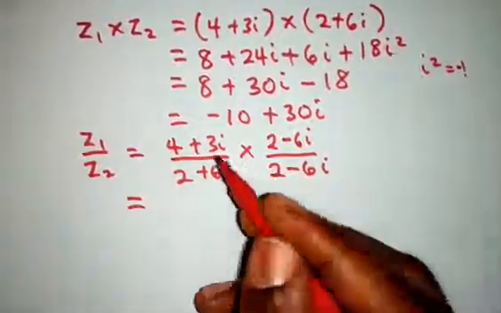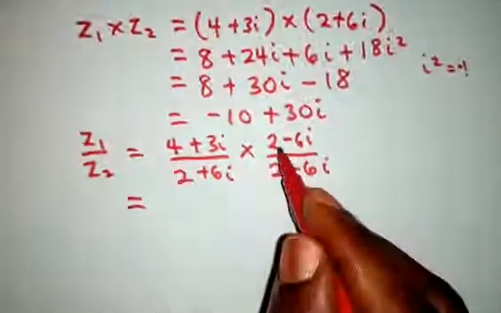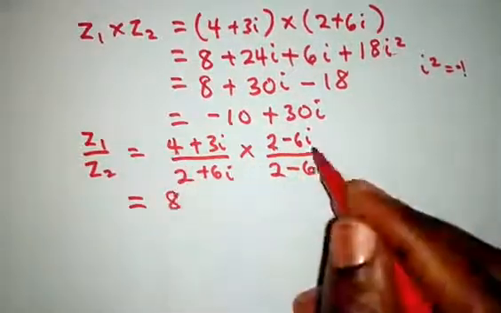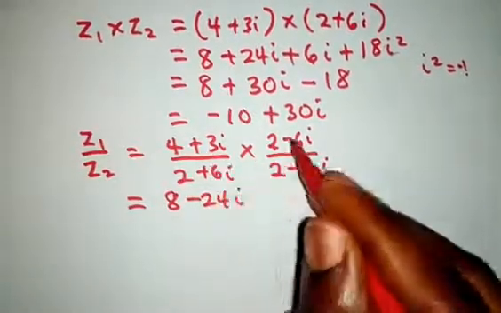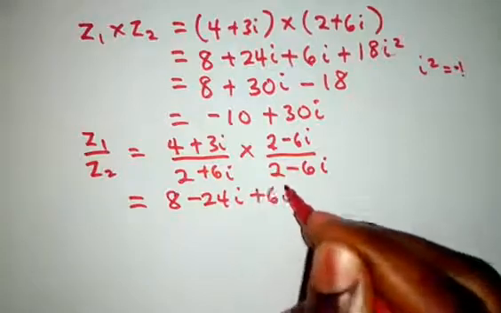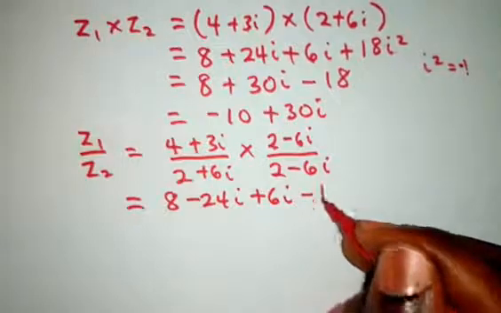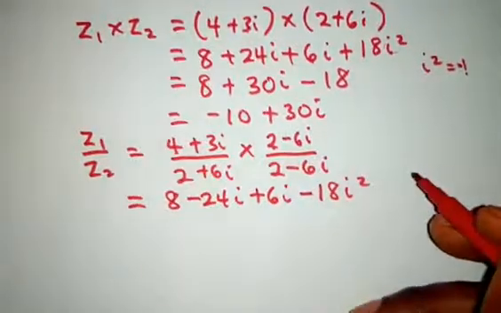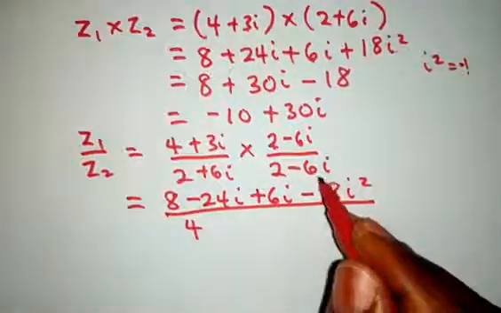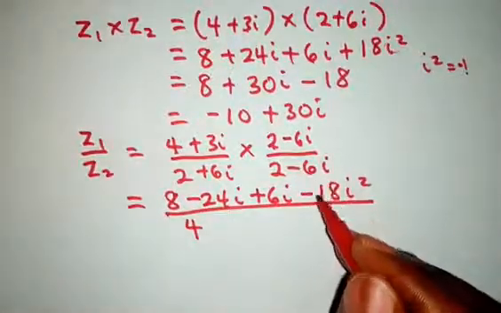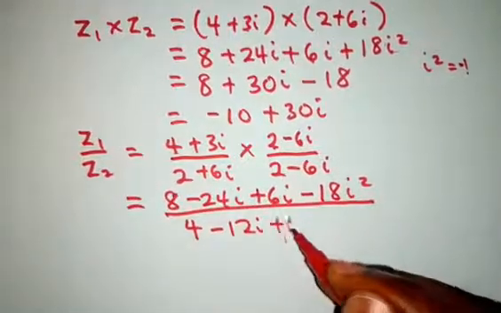And so this gives, so we multiply the terms up. We have 4 times 2 gives us 8. 4 times minus 6i gives minus 24i. 3i times 2 gives us plus 6i. 3i times minus 6i gives minus 18i squared, over 2 times 2 gives 4. 2 times minus 6i gives minus 12i. 6i times 2 gives plus 12i.